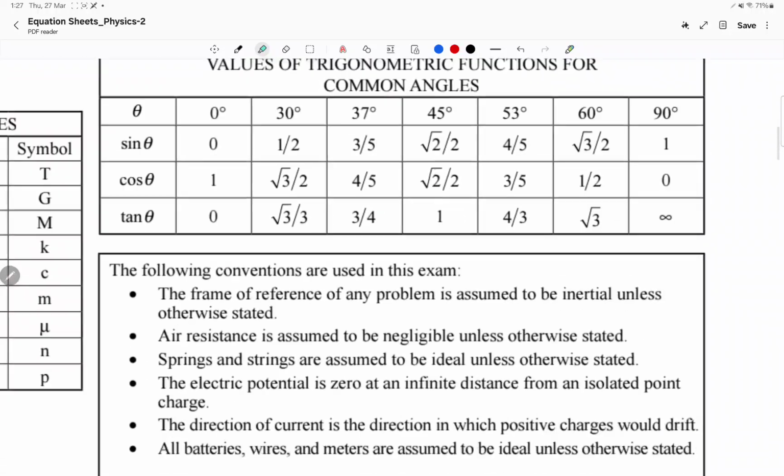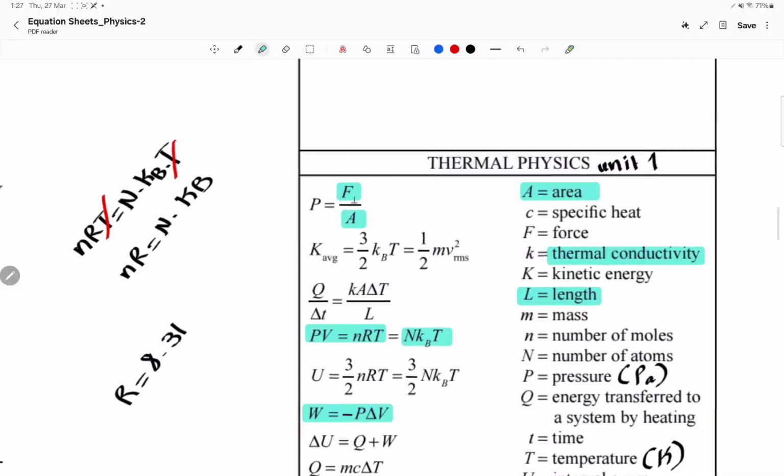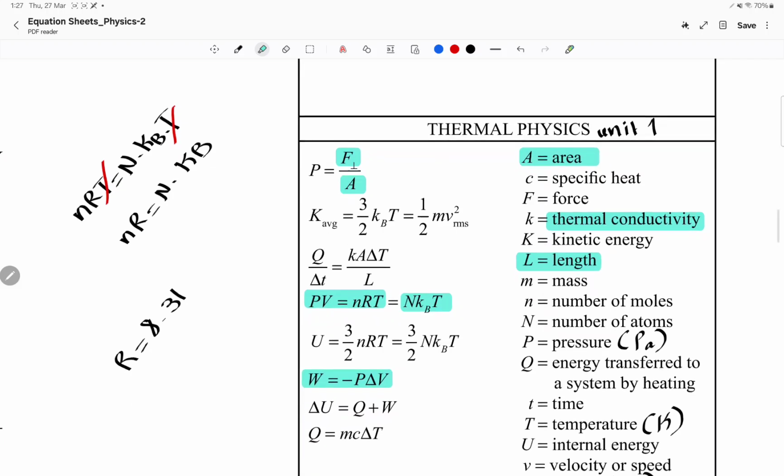Now going back to that equation. So what's capital N and what's small n? Small n is the number of moles, but capital N is the number of atoms.